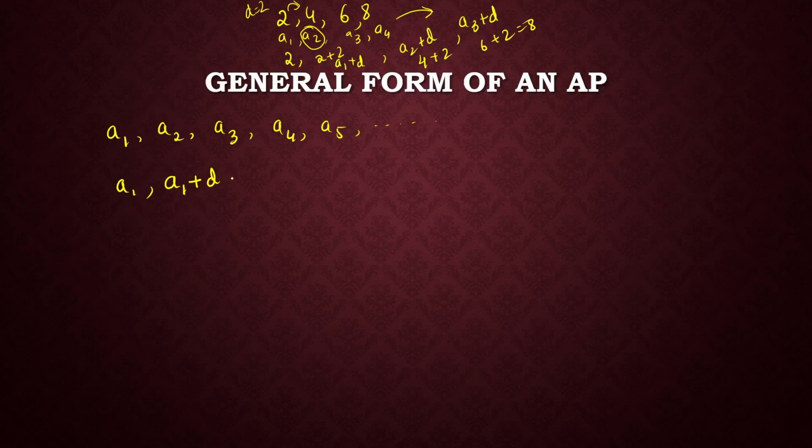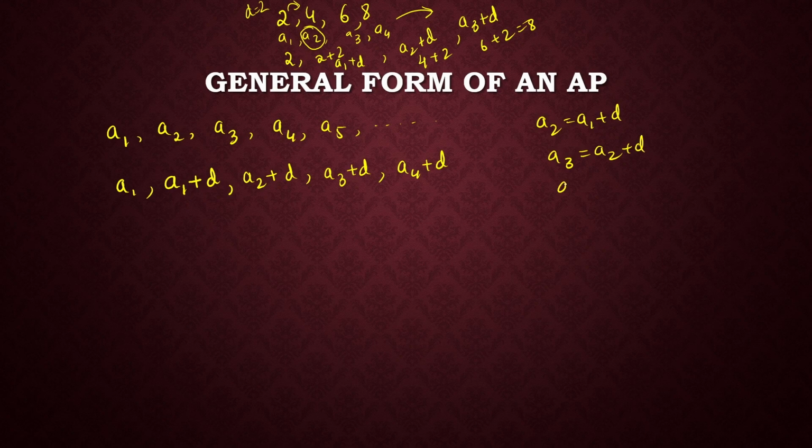So from this I can tell that your A2 is A1 plus D, A3 is A2 plus D, A4 is A3 plus D, and A5 is A4 plus D. Correct? Okay. So how did I write this? By telling you that A2 is equal to A1 plus D, A3 is equal to A2 plus D, A4 is equal to A3 plus D, and A5 is equal to A4 plus D.